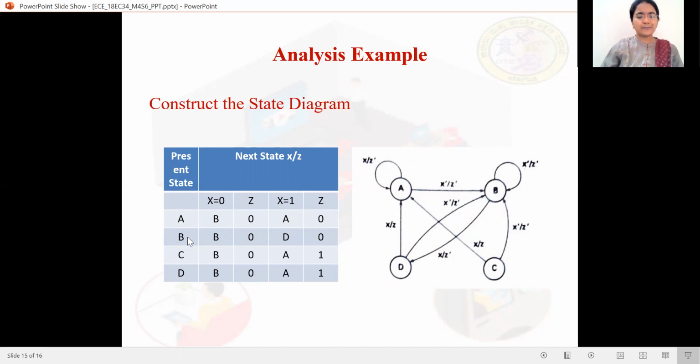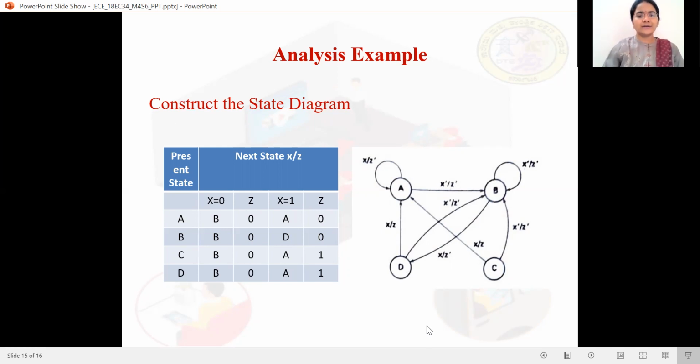When it is in state B and x is equal to 1, it goes to state D, and the output is 0. When it is in present state C and x is equal to 1, output is 1. When it is in present state D and x is equal to 1, the output is 1.